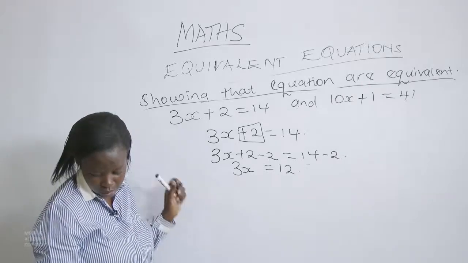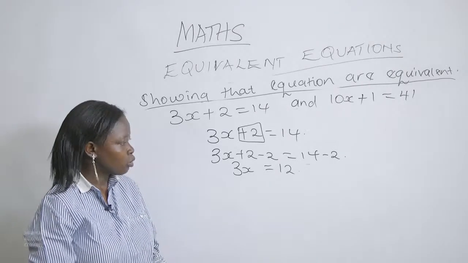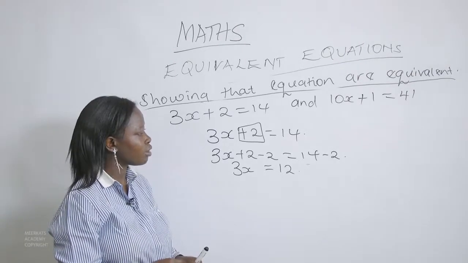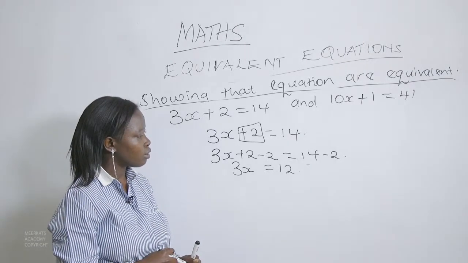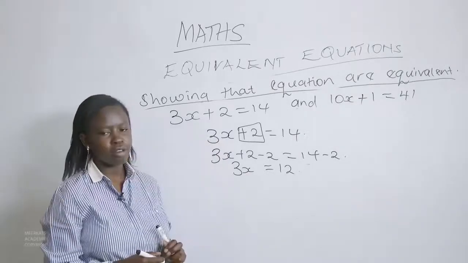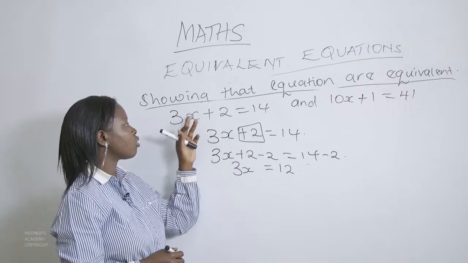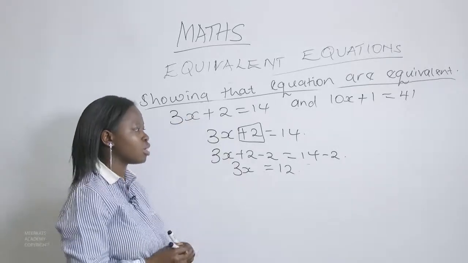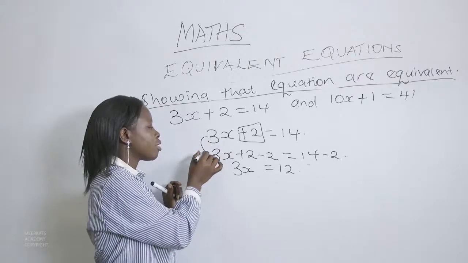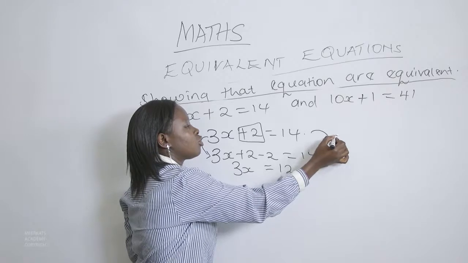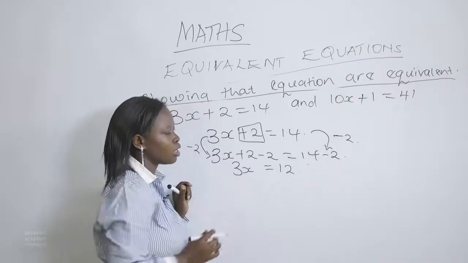So 3x will be equal to 12. From there, we discover that this is an equivalent equation to the first one we had, 3x plus 2 is equal to 14. I subtracted 2 on both sides and obtained 3x is equal to 12.